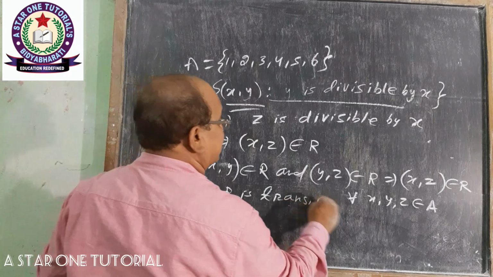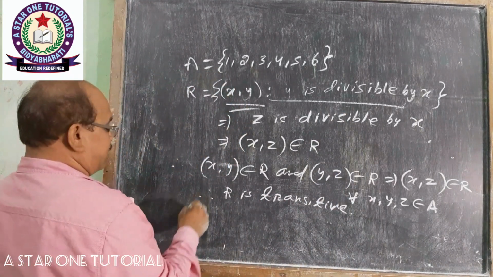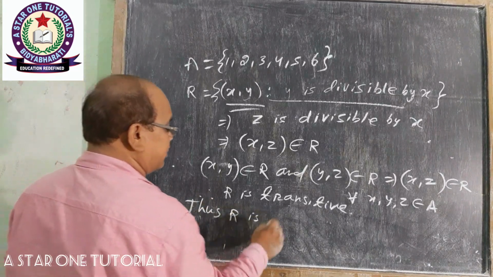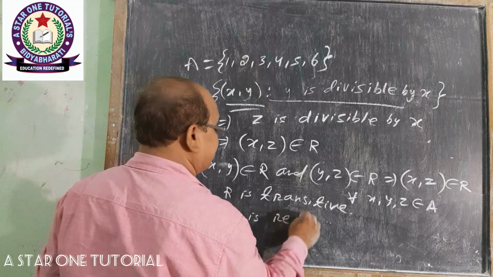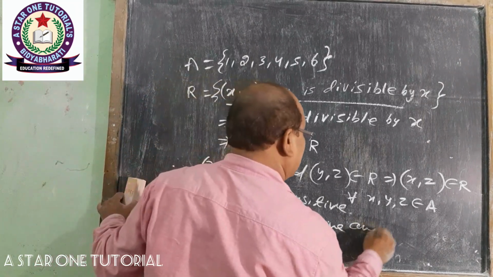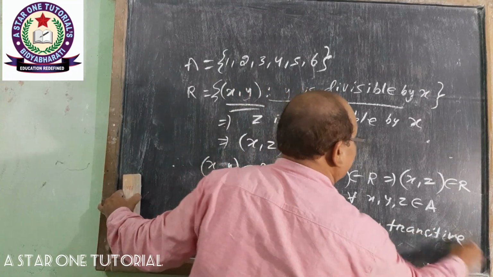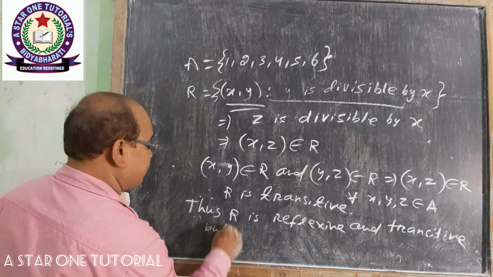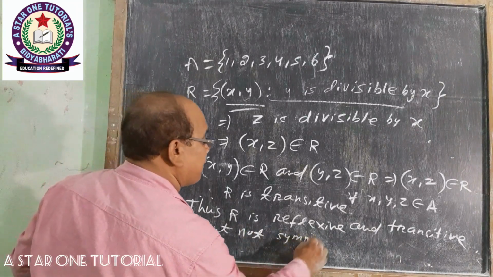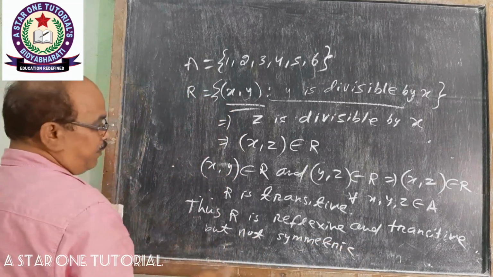Thus R is reflexive and transitive, but not symmetric. It is not symmetric.